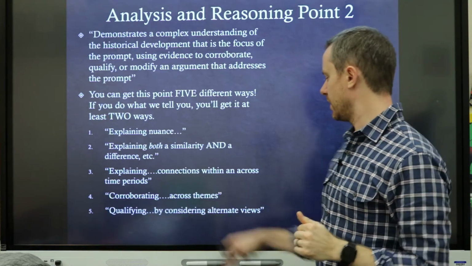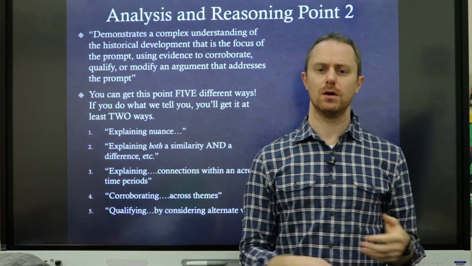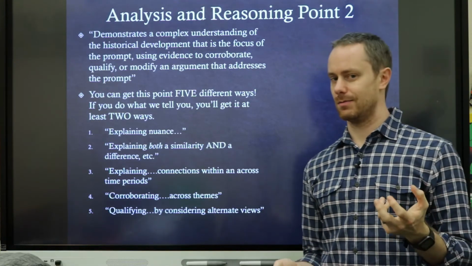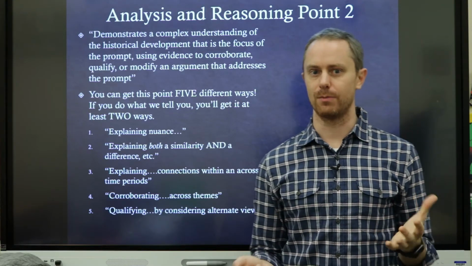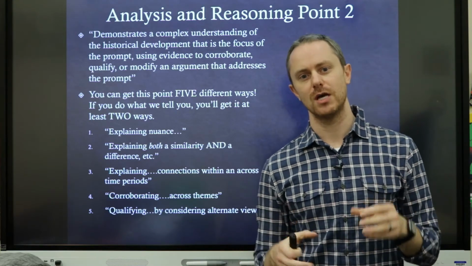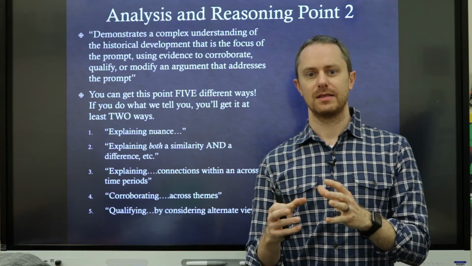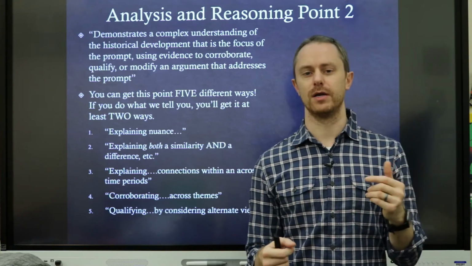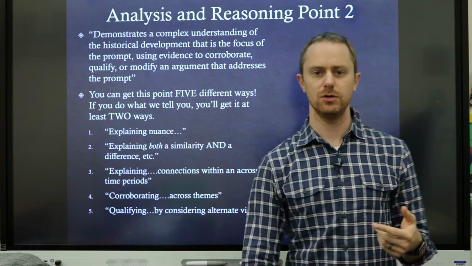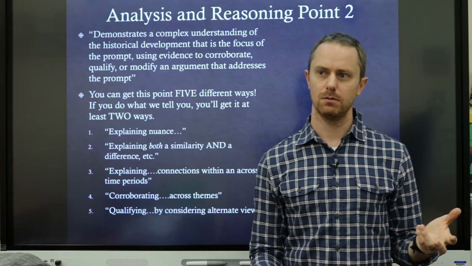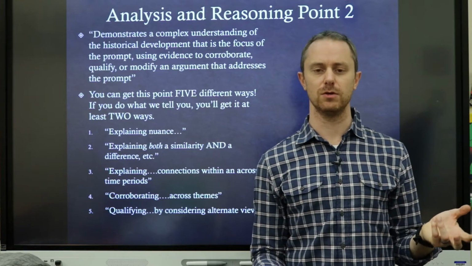Lastly, qualifying by considering alternative views. Okay, to put this in more simple terms, that's like a counter argument, okay? Remember, your thesis that we focused on so much is arguable. That means that somebody with half a brain could disagree with you, okay? So for this, all you gotta do is explain why somebody would disagree with you. What is their evidence?